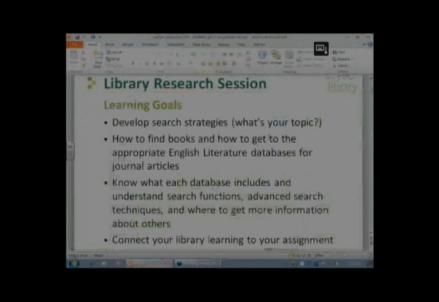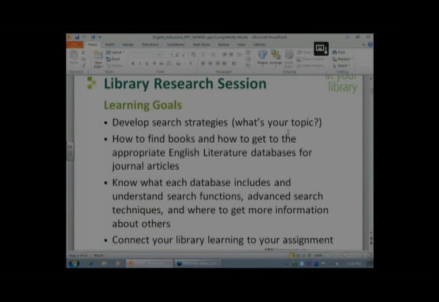Just a quick look at a bit of an agenda for today, some learning goals. I'm hoping that we'll develop some search strategies, think about essay topics, how we can make those work for our research, starting the research process with the actual essay topic. Also, how to find books, how to get to the appropriate English literature databases for journal articles, as well as figuring out what each database includes, understanding search functions and functionality, and how to make those search functions work to your advantage.